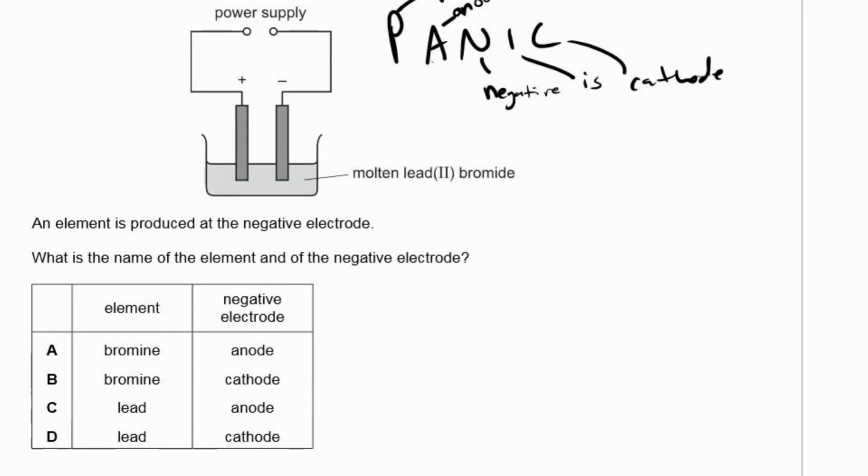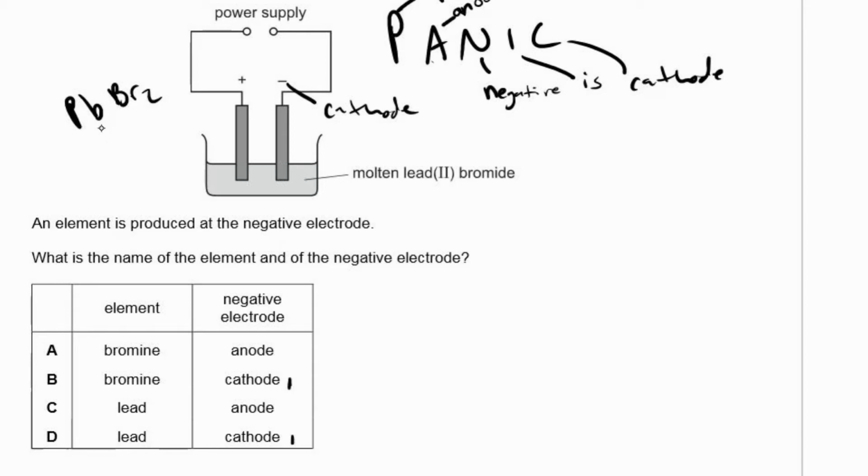Okay. An element is produced at the negative electrode, also known as the cathode. Okay. So the negative electrode is known as the cathode. Well, that you can just tell from this panic saying. Okay. So what is the name of the element and of the negative electrode? Okay, so the element, we have molten lead 2 bromide. We have Pb and Br2.